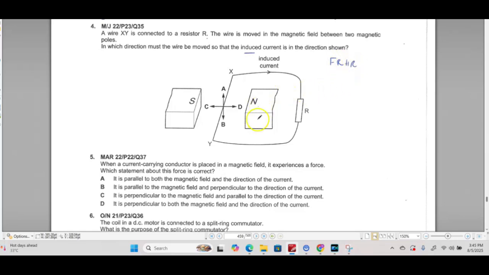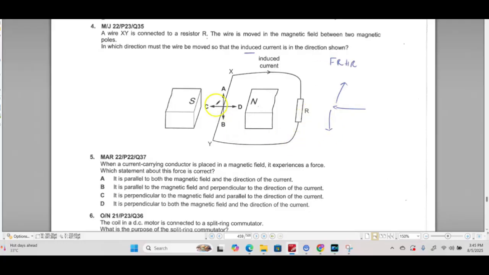And we can see that our first finger is going to point in this direction. Our second finger is going to point in this direction. Okay. And then we can see that the thumb is going to point in the downward direction.